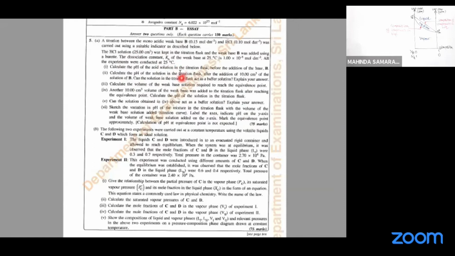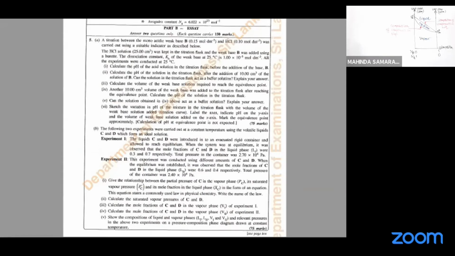It's about weak acid and titration. The pH curve is not difficult, right? It's a basic question, a titration between a monoacidic weak base and the acid HCl. We have done this type of pH curve calculation, everything. Then the second part is given from heterogeneous phase equilibrium. Okay, if I magnify this so that you can see it easily.